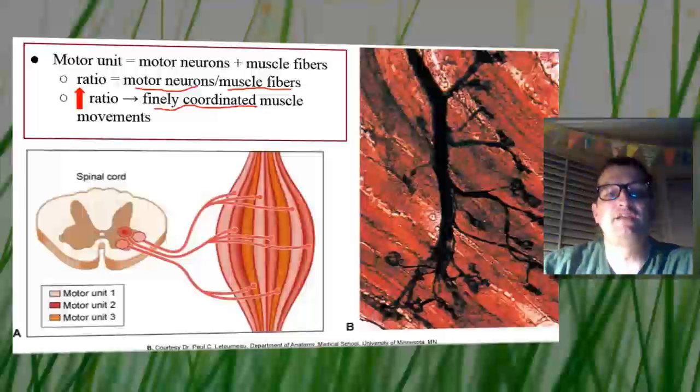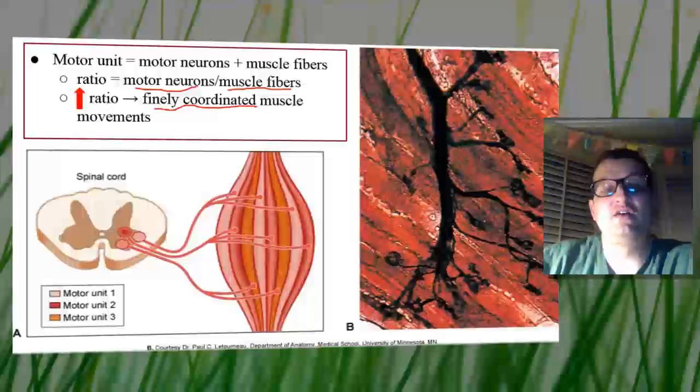And this diagram down here shows that within the spinal cord, we actually have different motor units. We have motor unit 1, 2, and 3, which is shown here. Motor unit 1 is pink, motor unit 2 is red, and motor unit 3 is the orange here.